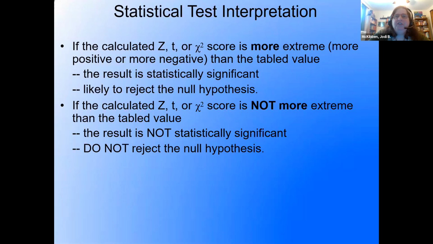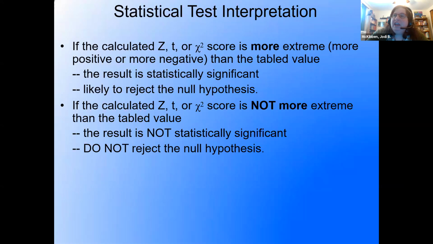And what we're going to say is if the calculated z, t, or chi-square is more extreme, more positive, or more negative than the tabled value, the result is statistically significant, and we're likely to reject the null. Okay, so let's break this down a little bit.